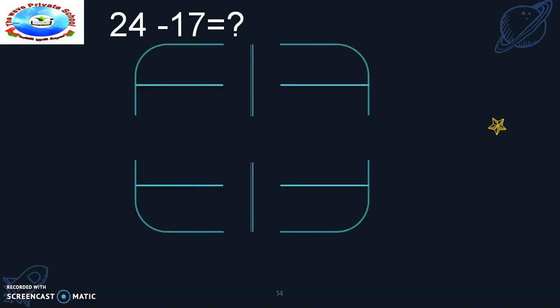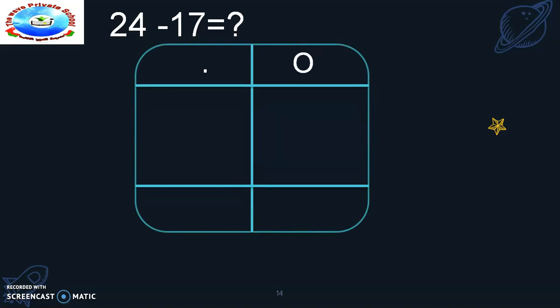For that, we need to subtract 17 from 24. First, we write the numbers in the place value table, in the ones column and in the tens column. Here, we need to subtract 24 minus 17.